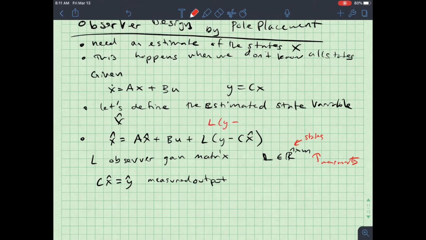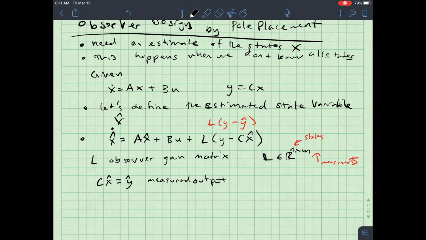So the actual state versus the estimated state. And ideally we want those to go to 0, and I forgot my dot on X hat dot. That way I actually have my system more or less consistent with what the actual states would be.